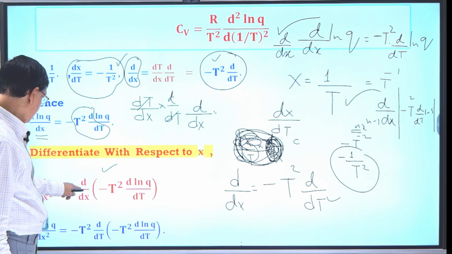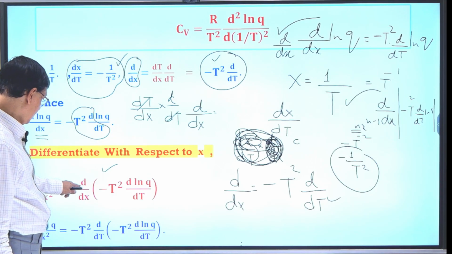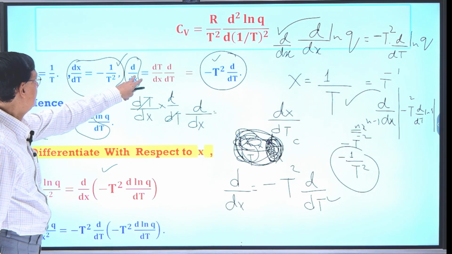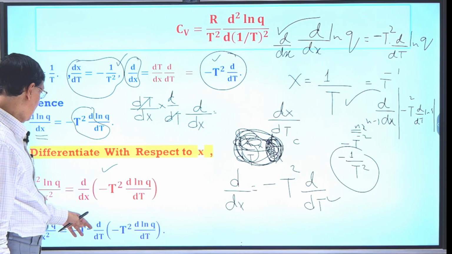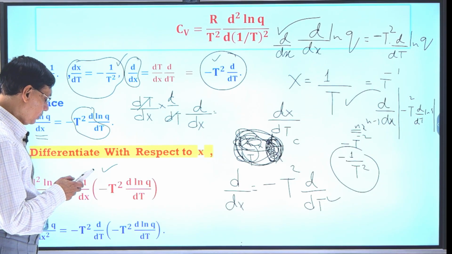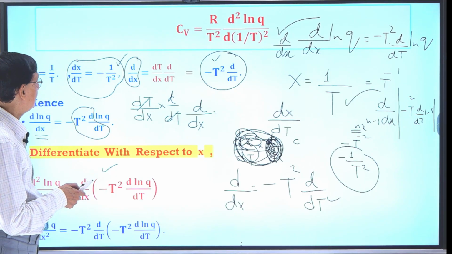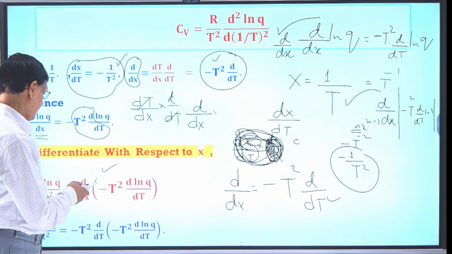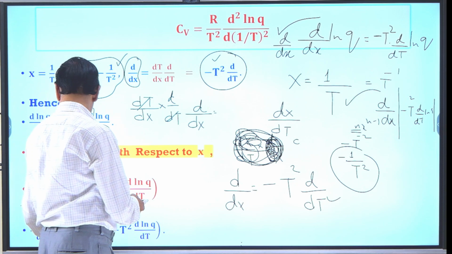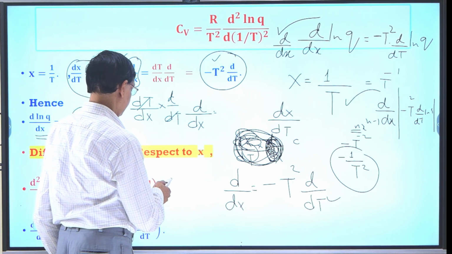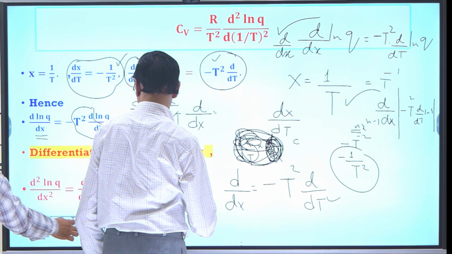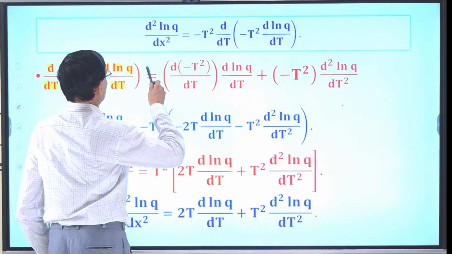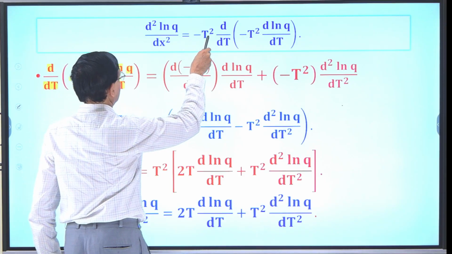And I have to substitute the value of d by dx from here. See here, it is given, so minus t square d by dt. So what I have to do is just a simple differentiation, nothing else.